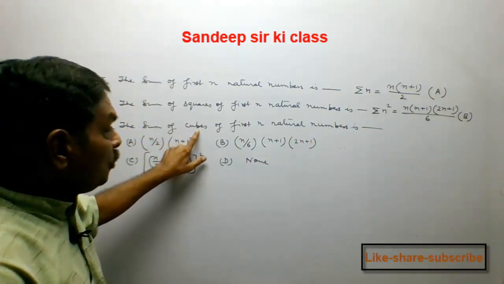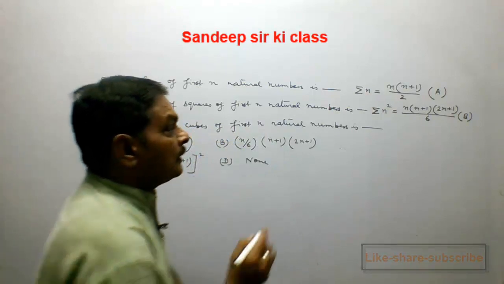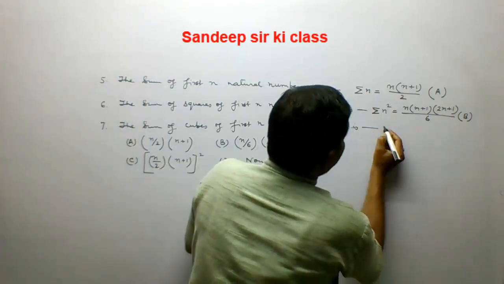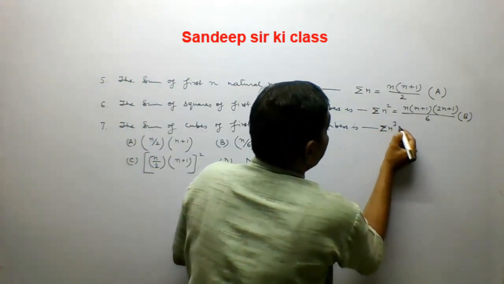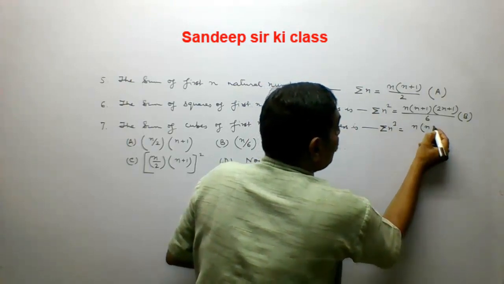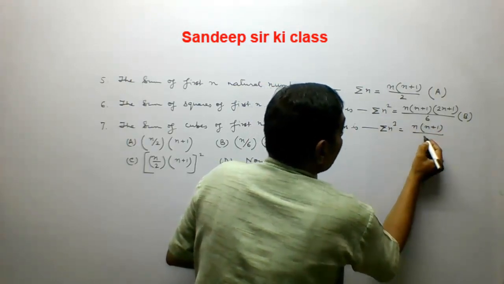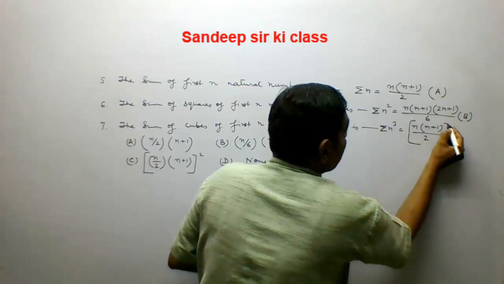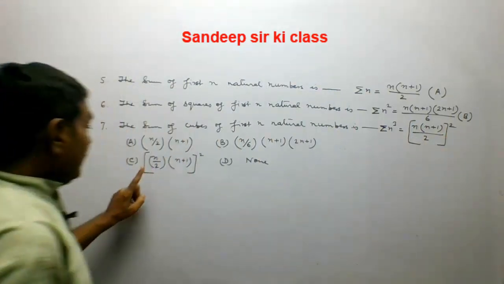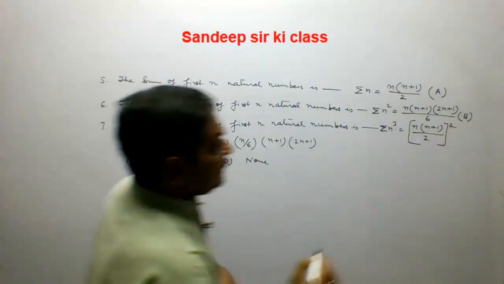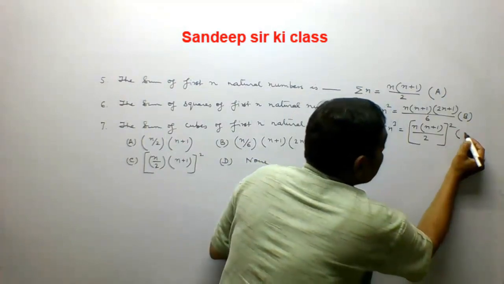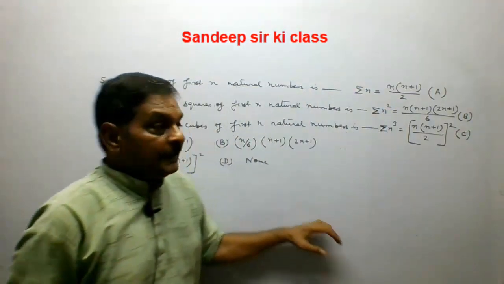Sum of cubes of first n natural numbers. We know that sigma n cube is given by [n into (n plus 1) upon 2] whole square. So here option C is the correct answer.